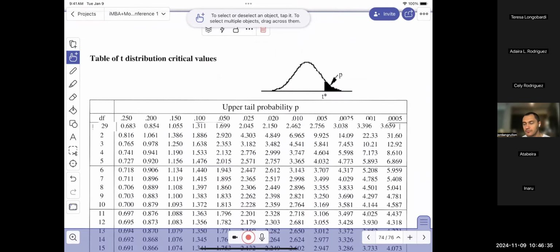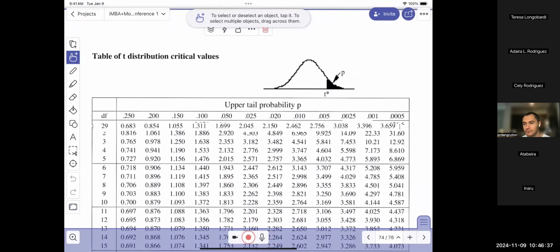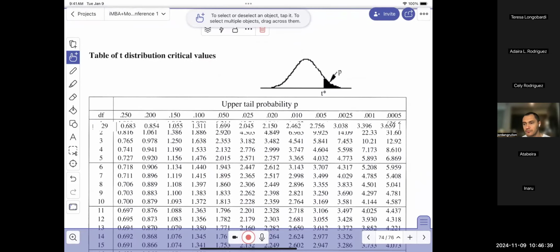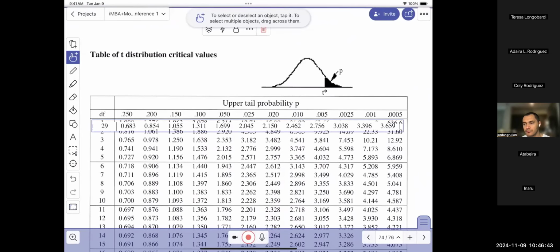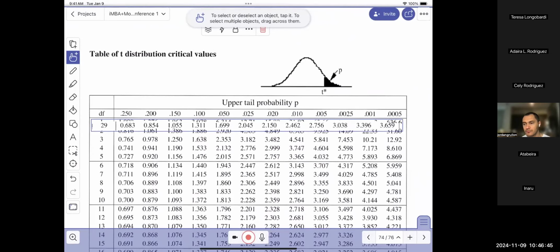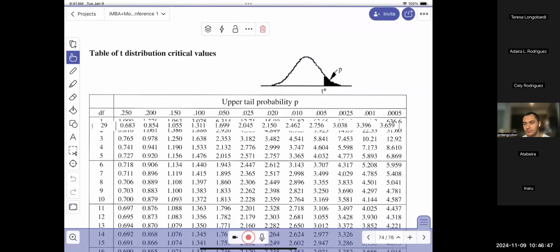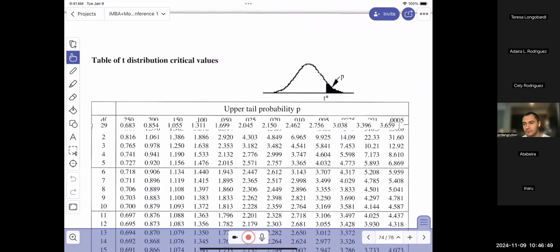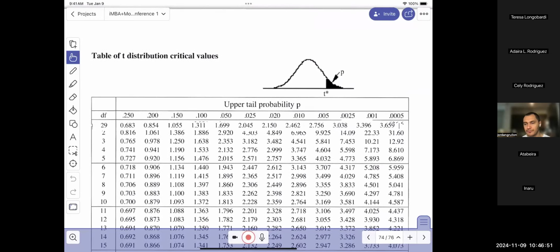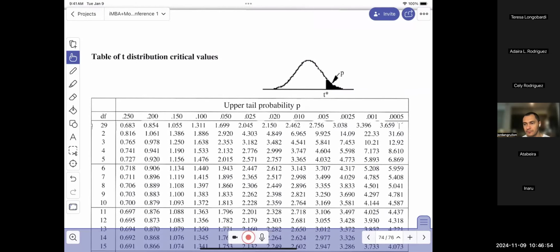Okay, so this is the 29th row. Can you guys see that? So I'm looking on the 29th row.